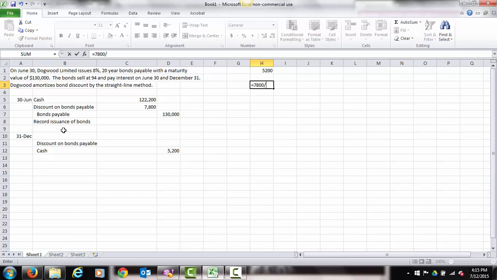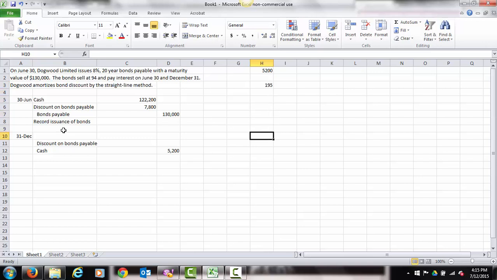And I'm going to amortize that. So that means that over the span of 20 years with semi-annual interest payments, I'm going to amortize or spread out that $7,800 over 40 periods, 2 times 20, semi-annual periods.